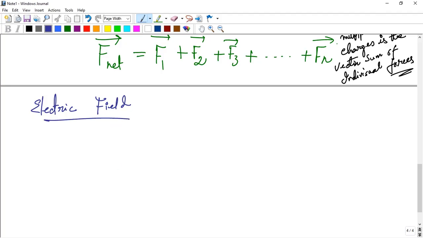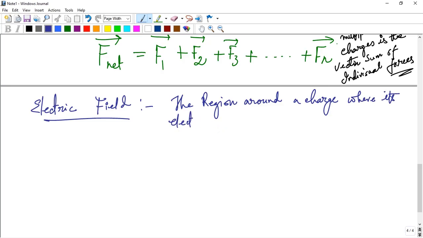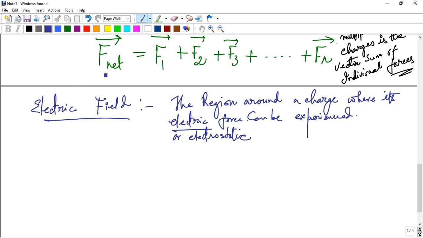Electric field is a region around a charge where its electrostatic force, or Coulombic force, can be experienced.